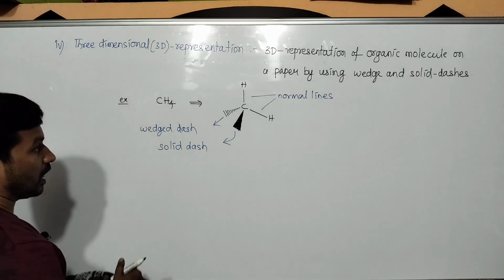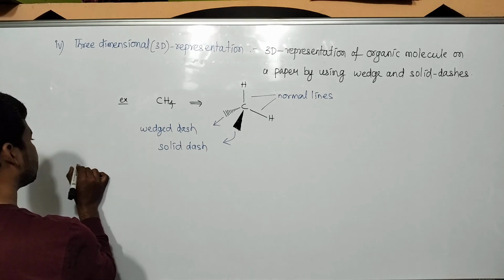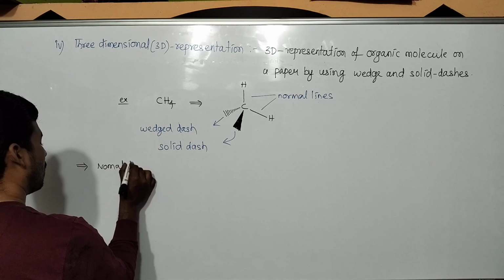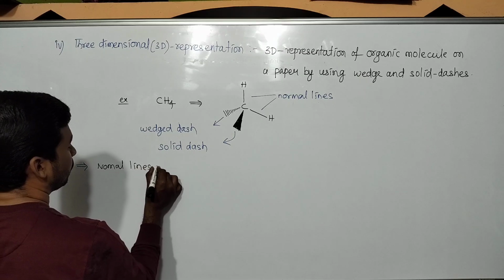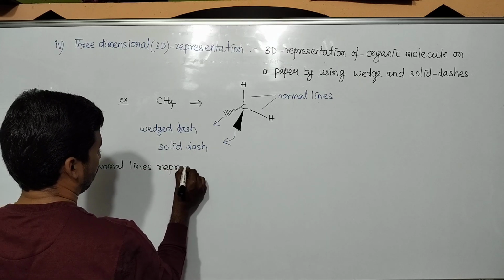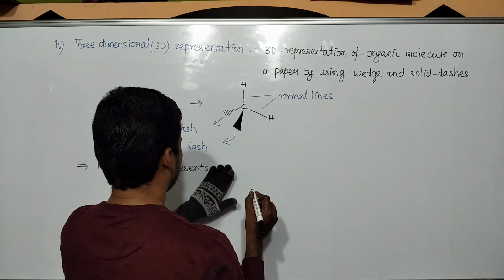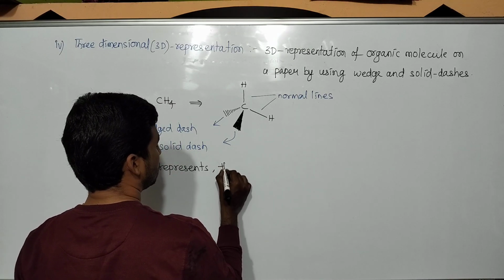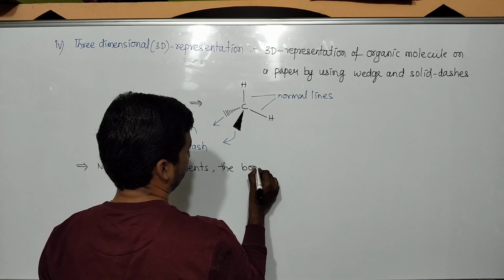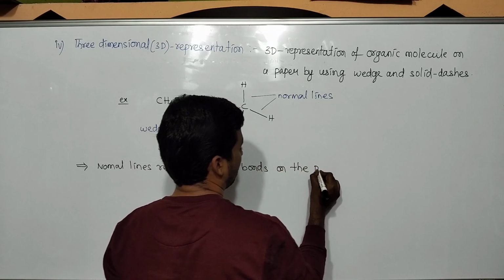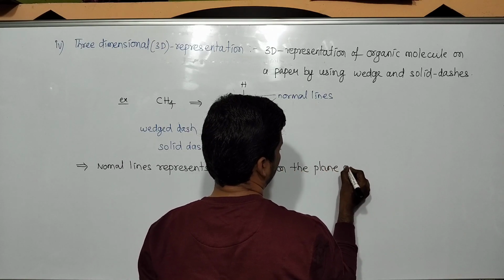So normal lines represent the bonds on the plane of the paper.